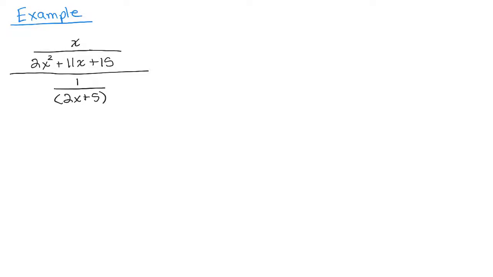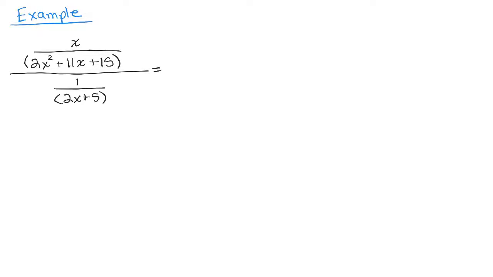All right, we're going to simplify this complex fraction. So the first thing I'm going to do is put a whole parentheses around this denominator in the fraction that's in the numerator. And I notice I have a single big fraction in the numerator and a single big fraction in the denominator.